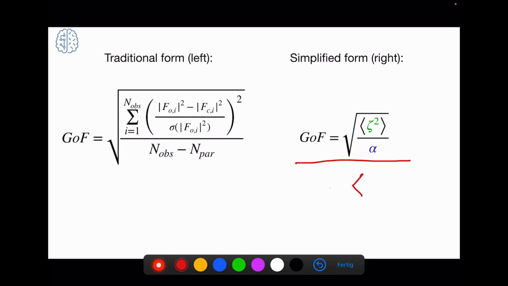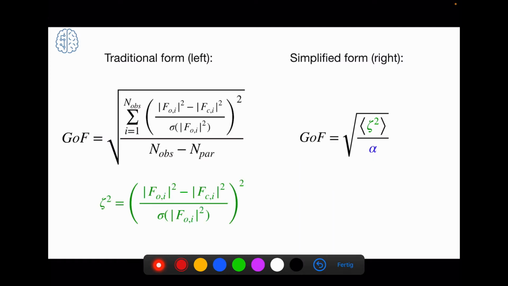So these brackets indicate taking the average over the whole data set. The green entity here is the squared residual, and it's the same entity which is also in this traditional definition of the goodness of fit.